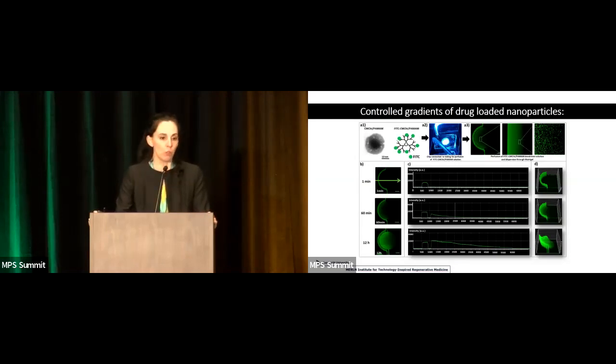We also wanted to check if these nanoparticle-loaded drugs would affect only cancer cells or also vascular cells. I'm not showing this work here today, but it has been published already.